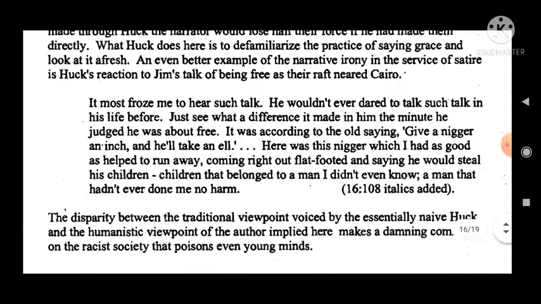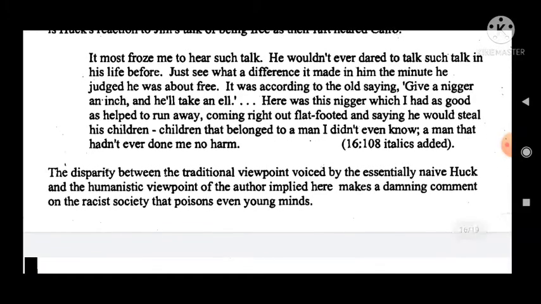"It most froze me to hear such talk. He wouldn't ever dare to talk such talk in his life before. Just see what a difference it made in him the minute he judged he was about free. It was according to the old saying, give a nigger an inch and he will take an ell. Here was this nigger which I had as good as helped run away, coming right out flat-footed and saying he would steal his children that belonged to a man I didn't even know, a man that hadn't ever done me no harm."